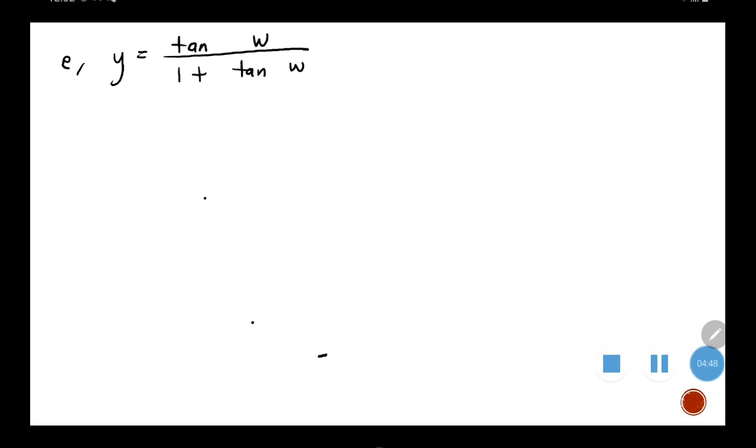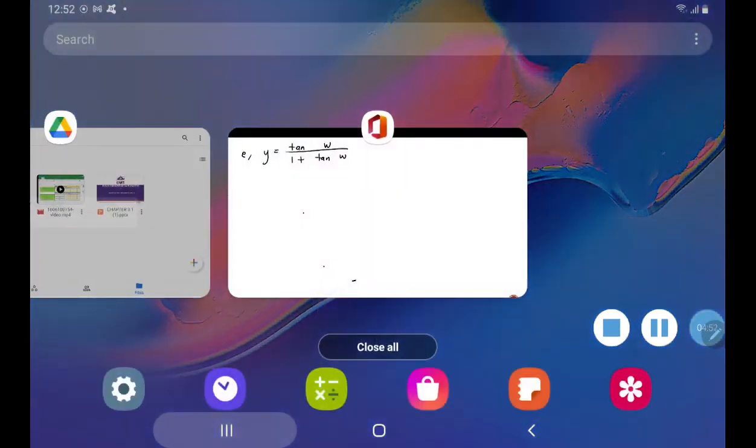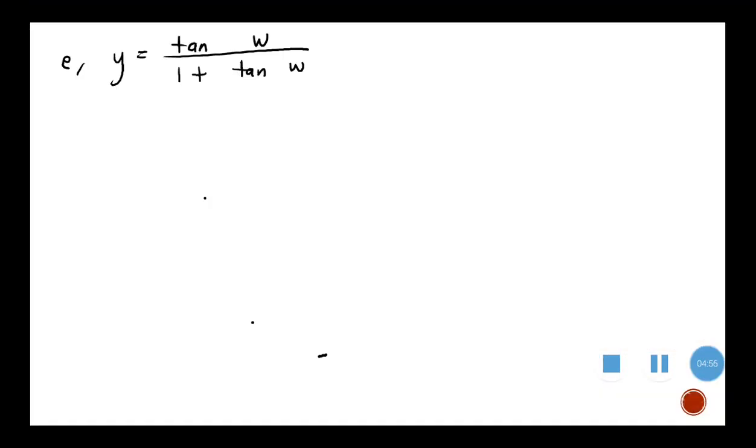Okay, now we are trying to find the dy dw here. So when you look at this equation, should we use product rule?